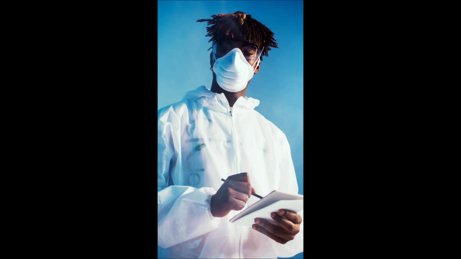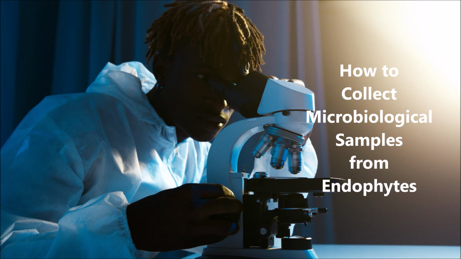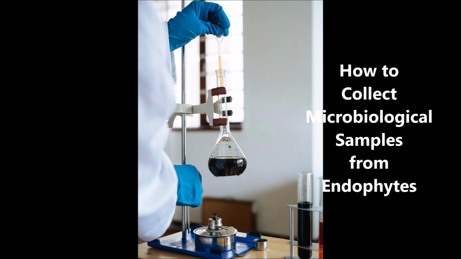The common surface sterilization protocol involves washing: rinse plant material under running tap water to remove dust and debris, and to remove microorganisms in the air that have settled on the external surface. Number two is disinfection. Immerse the sample in 70% ethanol for 30 seconds. This is to disrupt microbial cells on the surface.